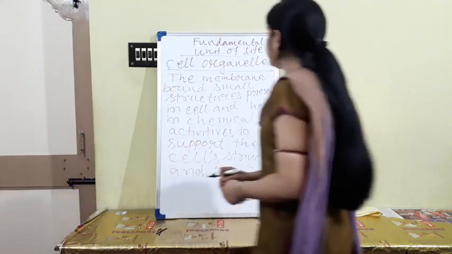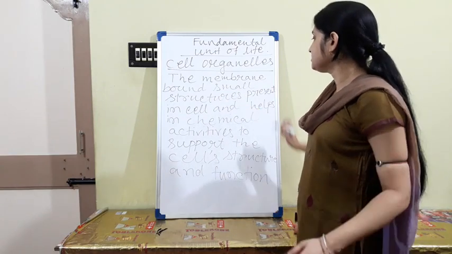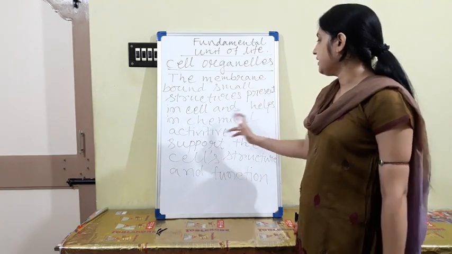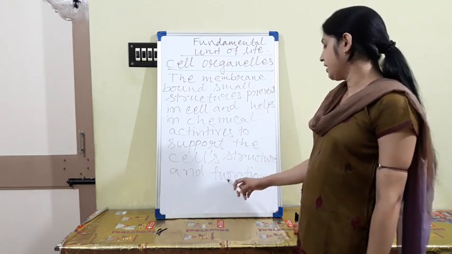Okay, so that is cell organelles: the membrane bound small structures present in the cell that help in chemical activities to support the cell structure and function.